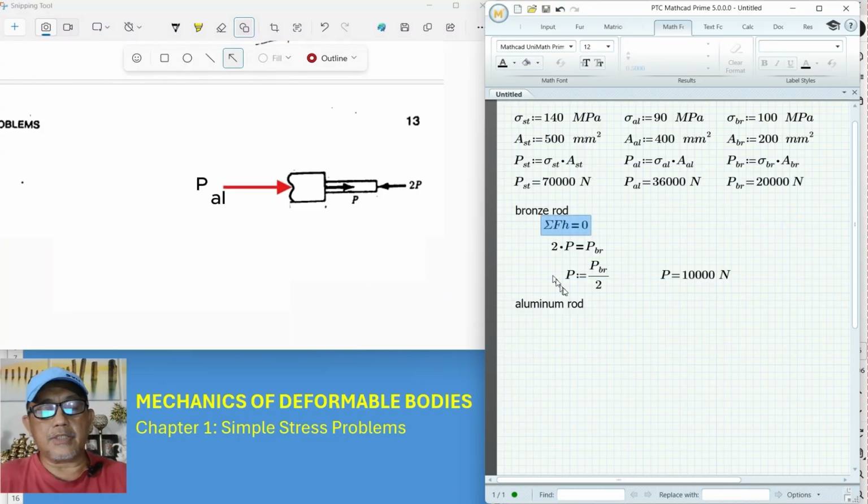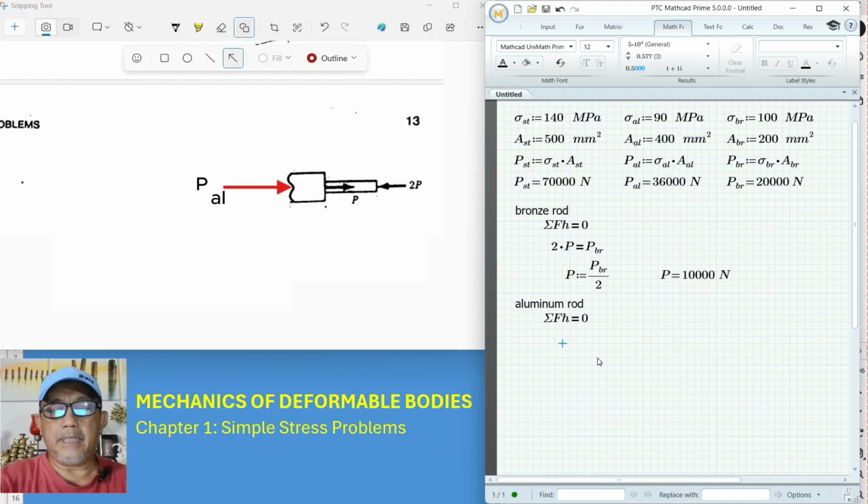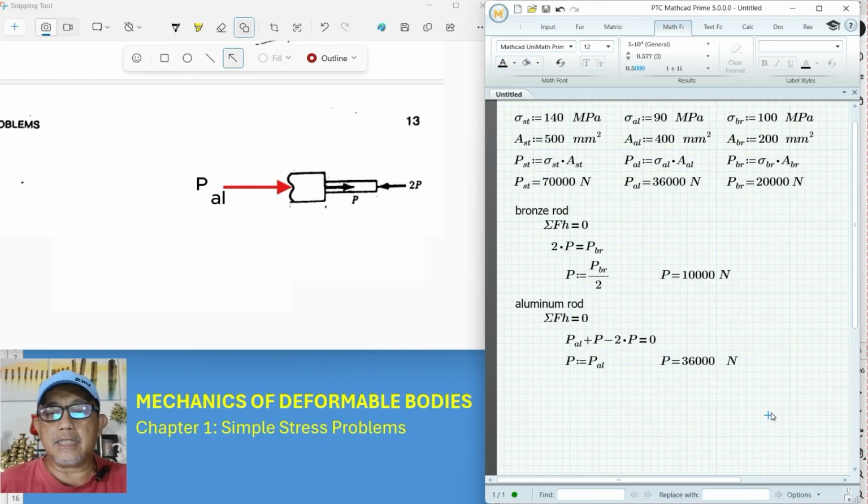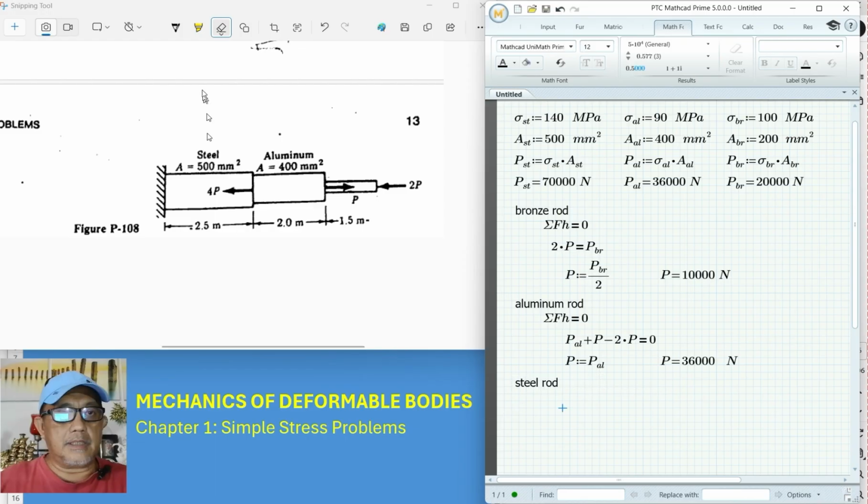Then summation of forces horizontal equals 0: P sub AL plus P minus 2 times P equals 0. P minus 2P is minus P, and transposing that to the right, it becomes positive. That means P is just equal to P sub AL, so P here equals 36,000. So that's another value. It means if we apply a force of 36,000, the aluminum will reach its maximum internal force of 36,000 newtons.